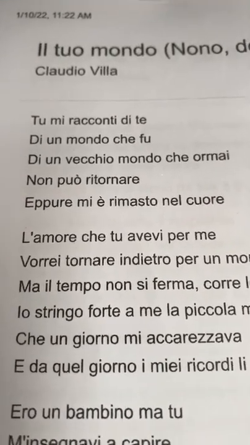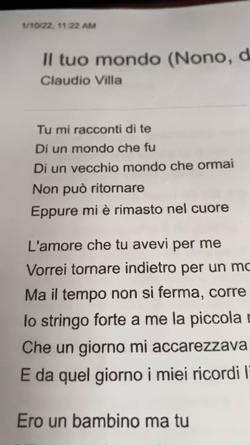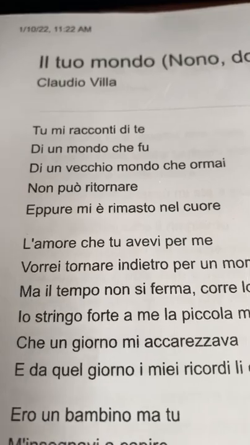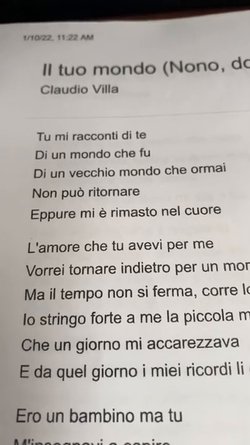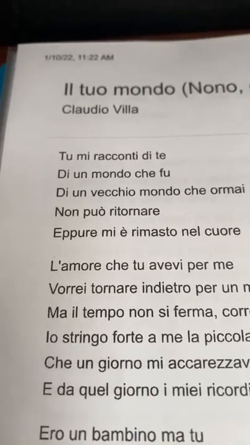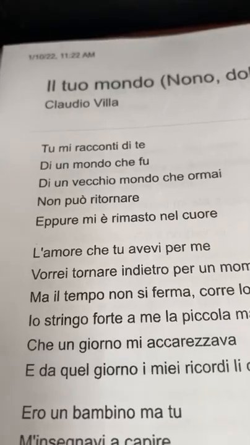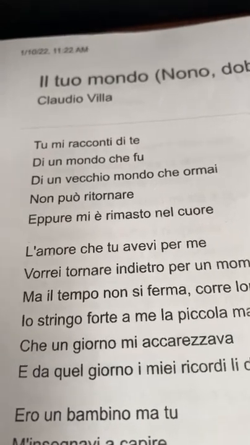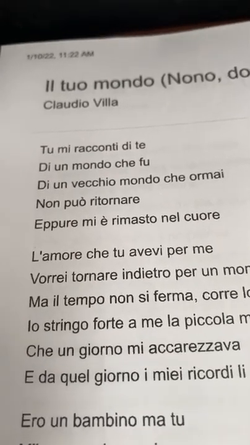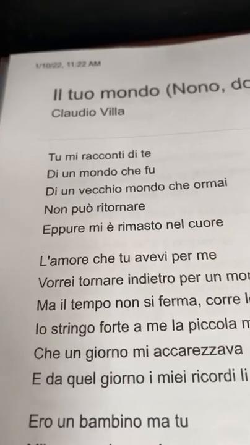Di un vecchio mondo, of an old world, un indefinite article, vecchio, an adjective, mondo, world, il mondo, che ormai, that by now, non può ritornare. It's a conjunction there, because it ties the two sentences together. Non può ritornare. Non. Cannot. Not.